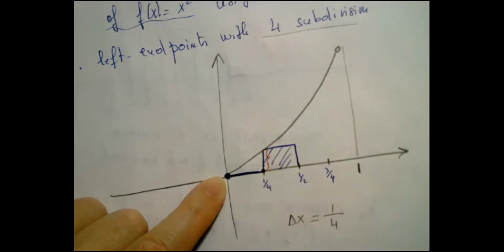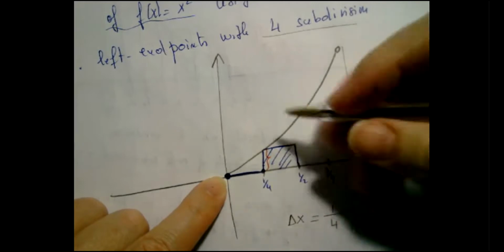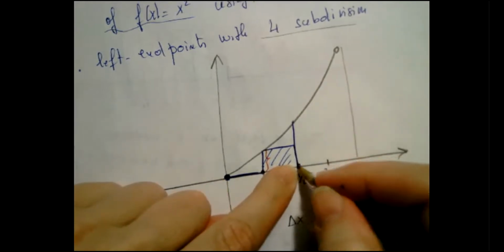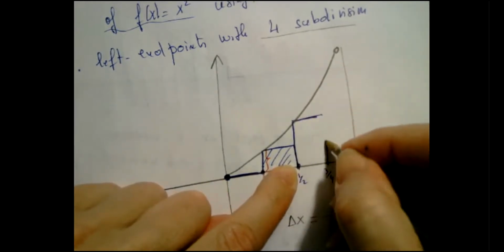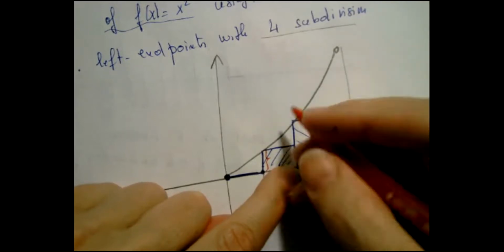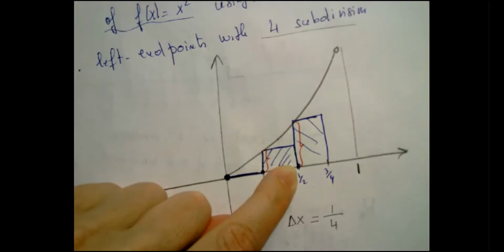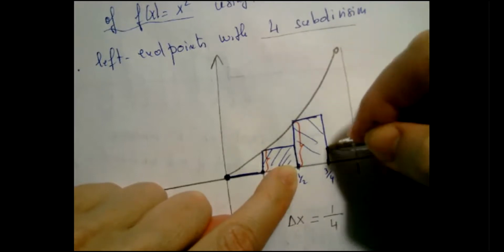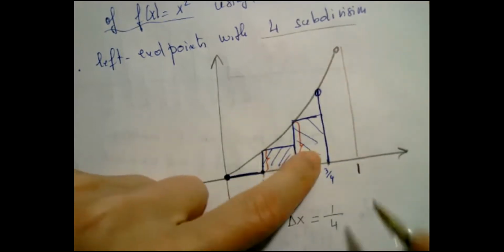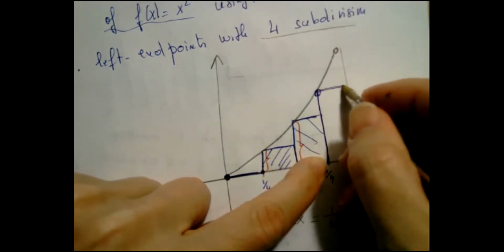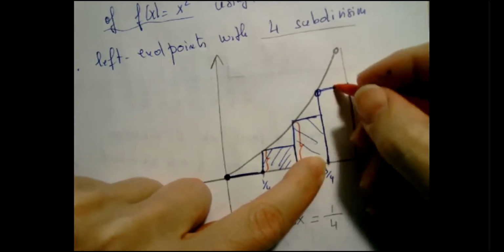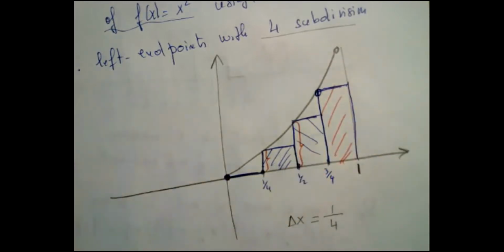And then I'm going to take for height the value at the left endpoint, and for width, the value here. That's my other rectangle. For my last rectangle, the height is from here to here. That's the height, the value at the left endpoint of the interval, and the width is always 1 over 4. And this is my last rectangle.